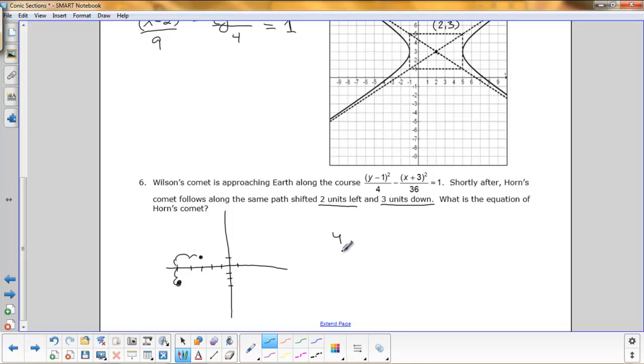So it's going to be y plus 2 squared minus x plus 5 squared. And now nothing else has changed about it, so that's still 4, that's still 36, and that equals 1. Pay really close attention to what your center is going to be. Don't make the mistake of putting it backwards.